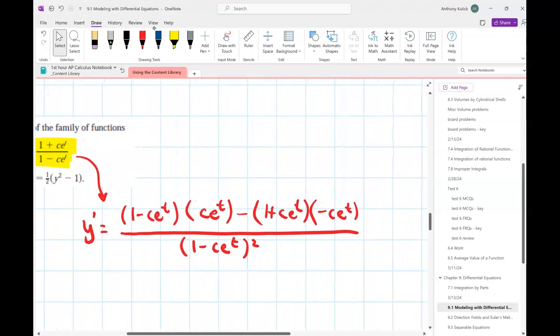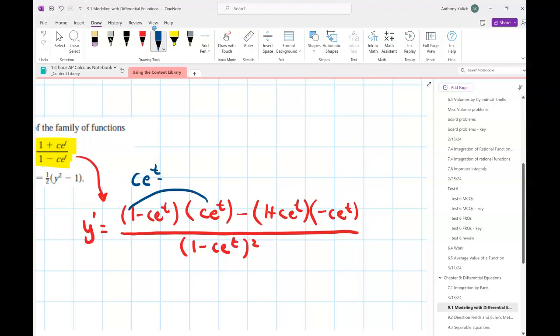So far, so good? Let's clean this up a little bit. I'm going to get c e to the t minus c squared e to the 2t, and then minus the negative is going to make that just a plus c e to the t plus c squared e to the 2t.